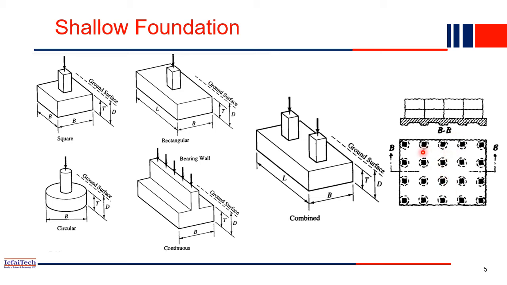So what is mat foundation? Mat foundation is just an inverted slab, right? You dig the soil maybe 2 meter depth, the entire area you dig out, all the soil you remove from the entire building plan area, and then you make a slab at the bottom.